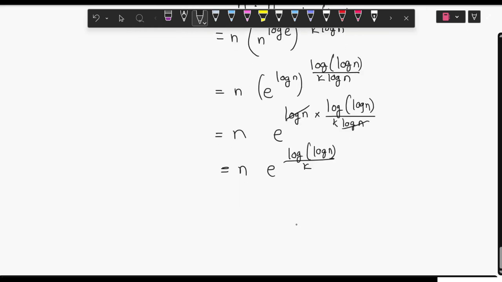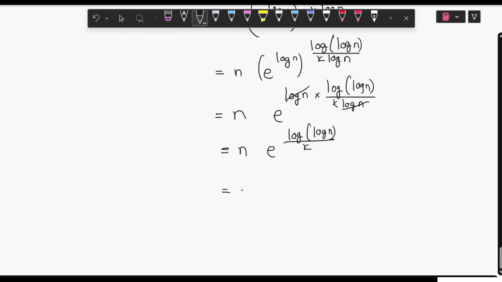The same way, if I apply the same formula, I can again write it as n log n is whole to the power log e by k. Now the value of log e by k is equal to 1. So this is nothing but n log n is whole to the power 1 by k.